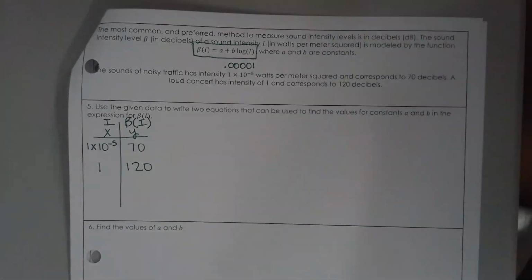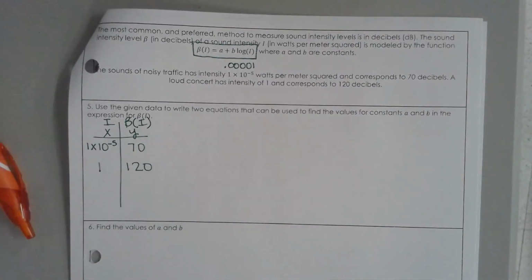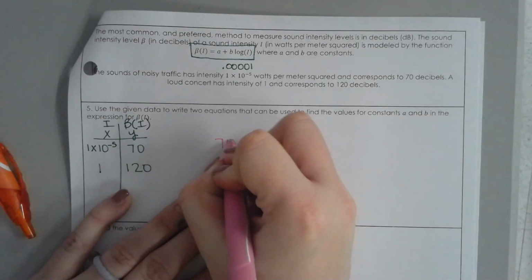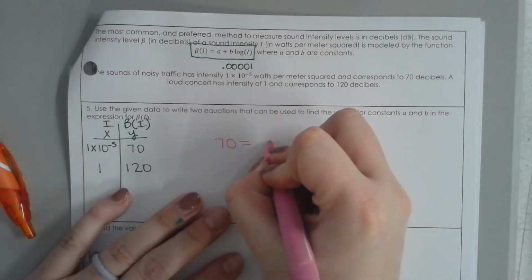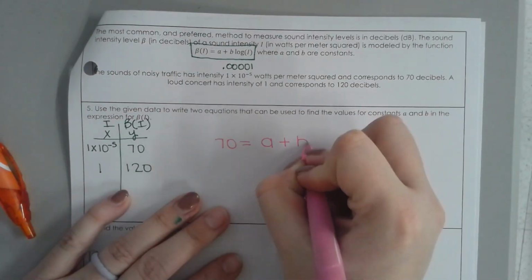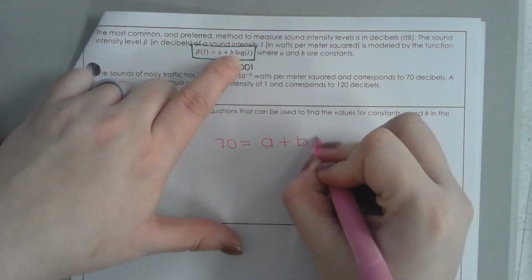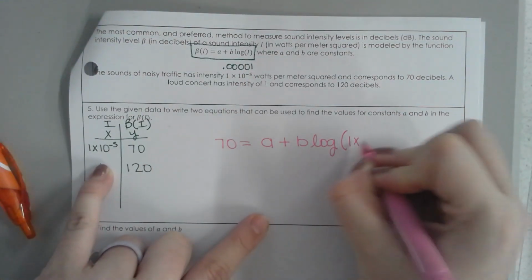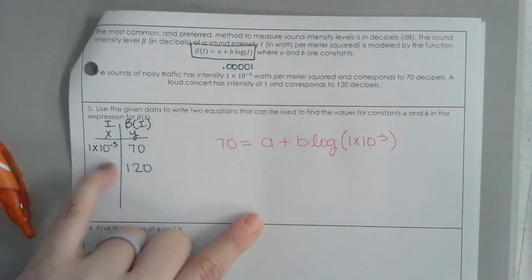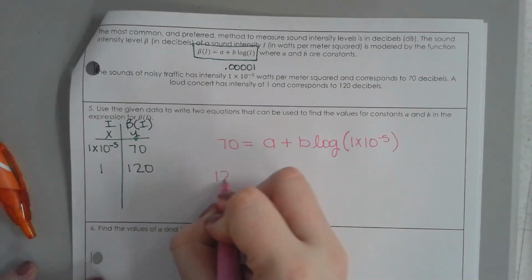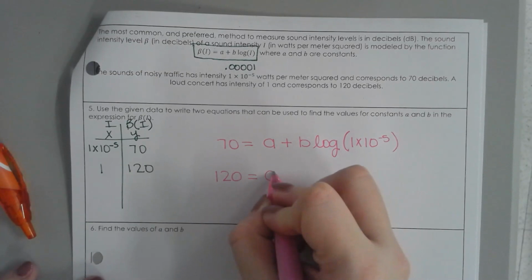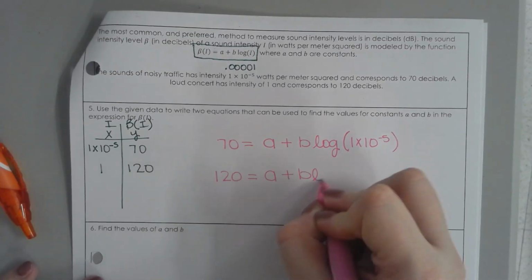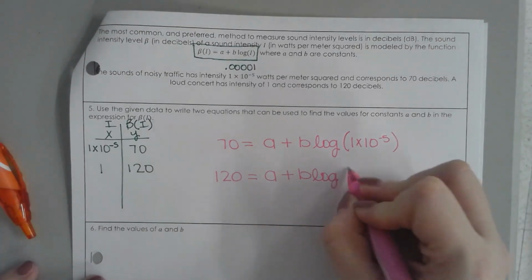So you should have written down the equations. 70 equals A plus B. It's not natural log. It's log of 1 times 10 to the negative 5th. And 120 equals A plus B log of 1.